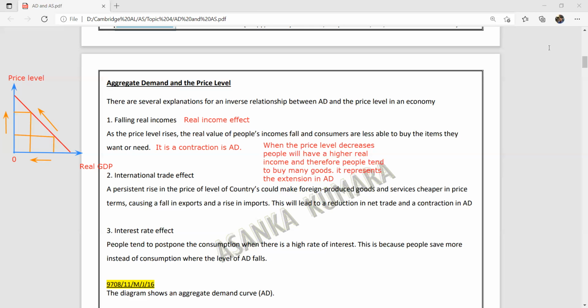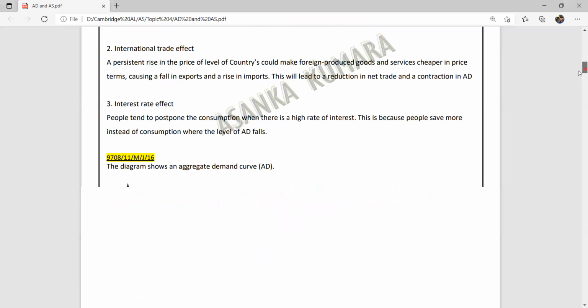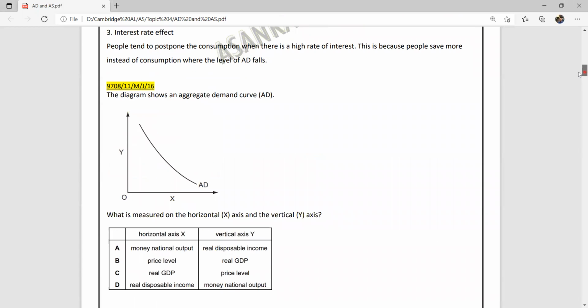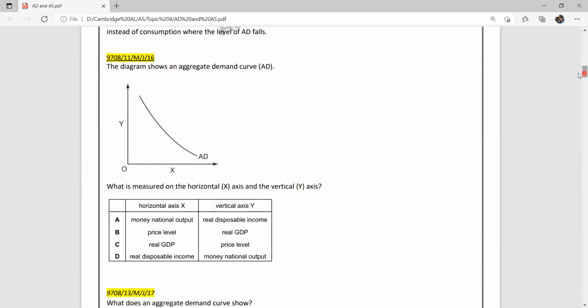So there is a question. It says that the diagram shows an aggregate demand curve. X and Y are labeled. Y, of course, is the vertical axis.